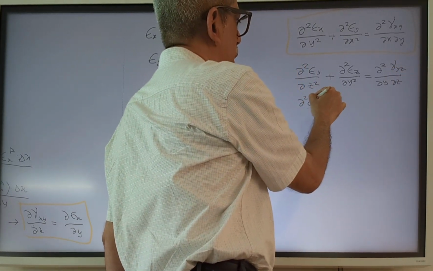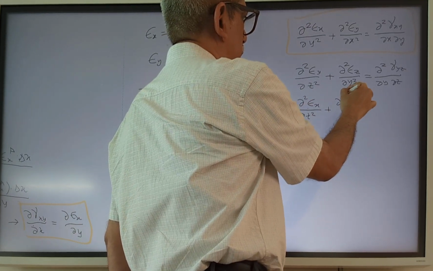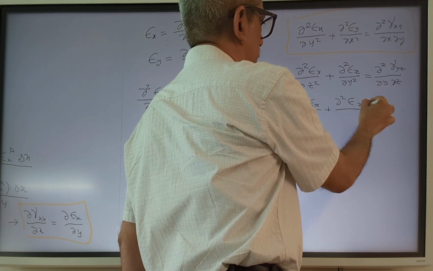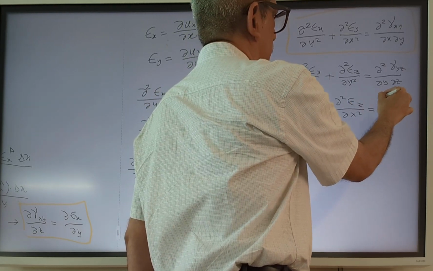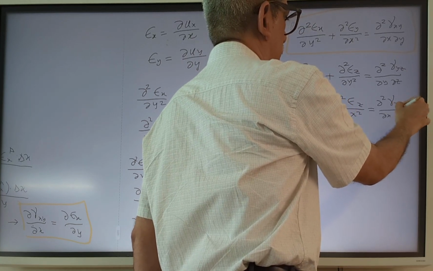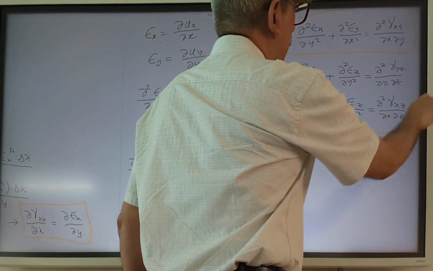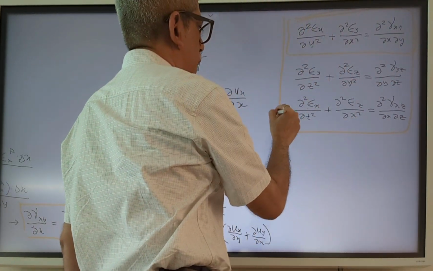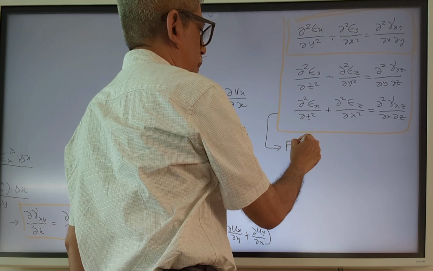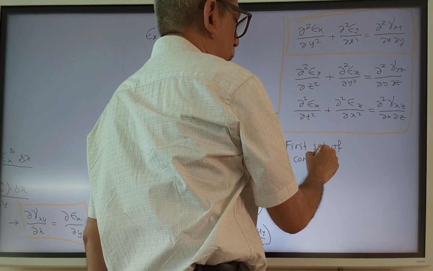And similarly the last equation. So all these three equations are called the first set of compatibility equations.